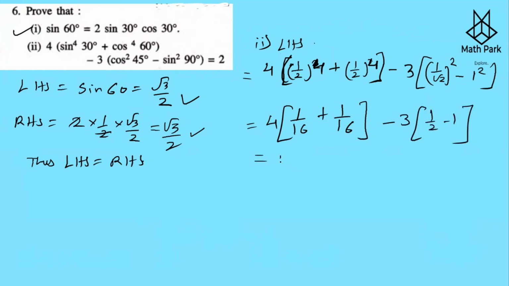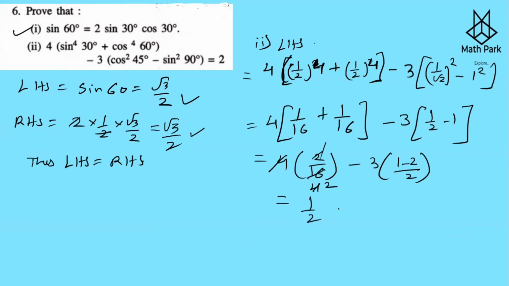So inside the bracket we get 2 upon 16, minus 3 and half minus 1, we get minus 1 by 2. So 4 times 2 upon 16 is 1 by 2, minus 3 in bracket minus 1 by 2.